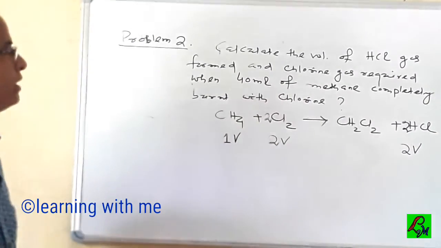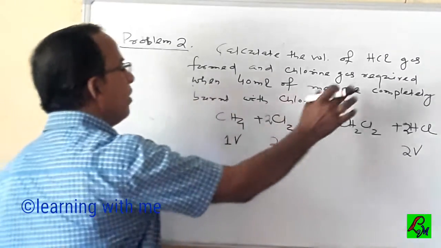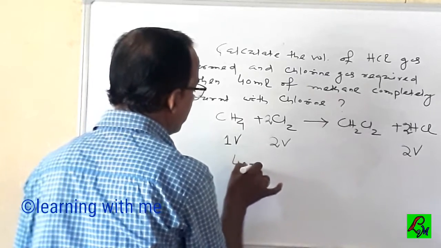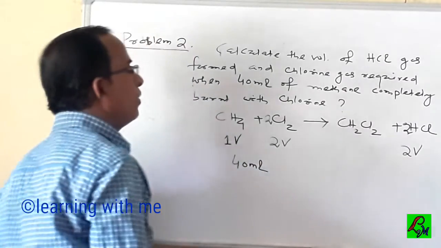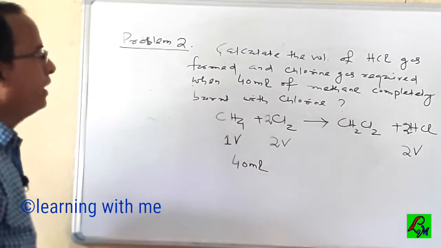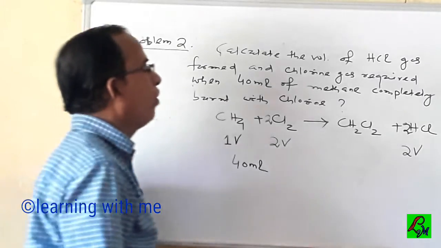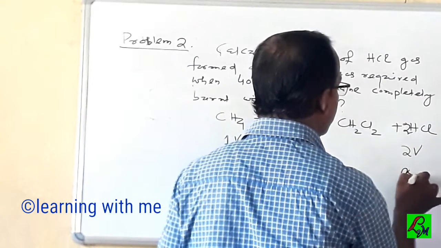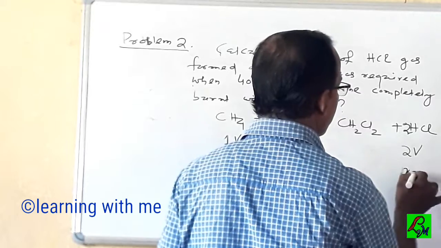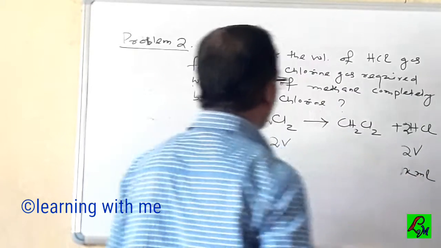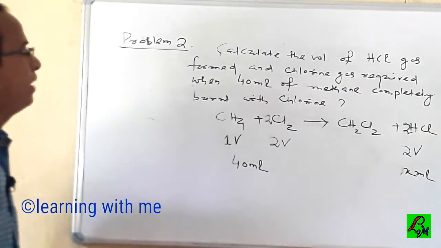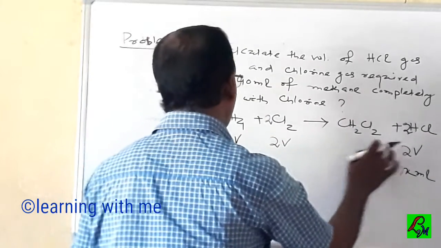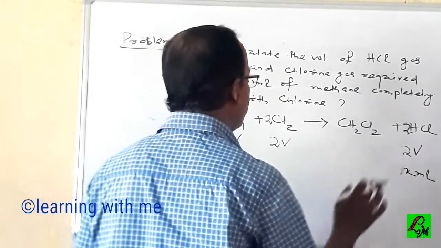But the question given here is 40 ml of methane reacts with chlorine. We have to find out the volume of HCl gas formed. Let the volume produced be X ml. So 40 ml produces X ml, 1 volume produces 2 volume. 40 ml will produce how many?